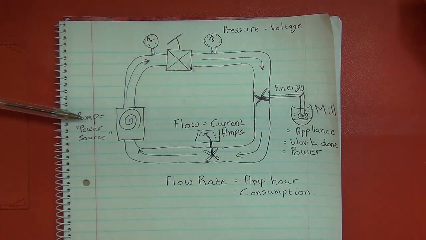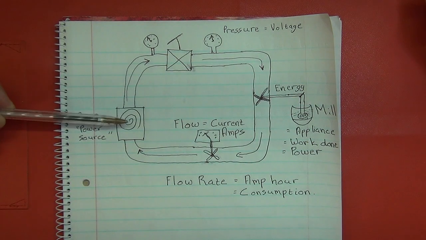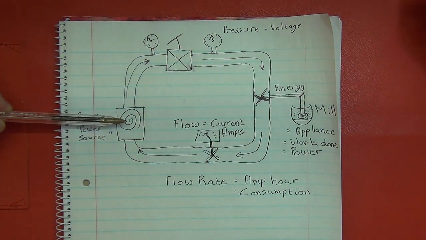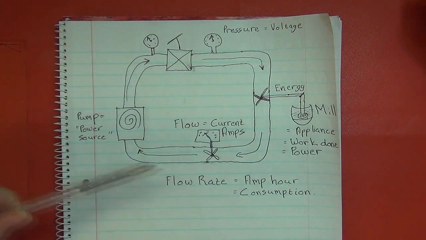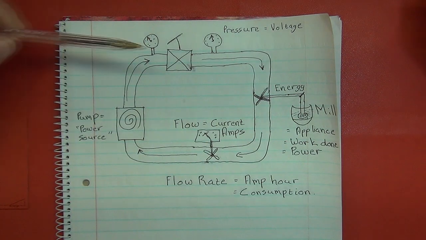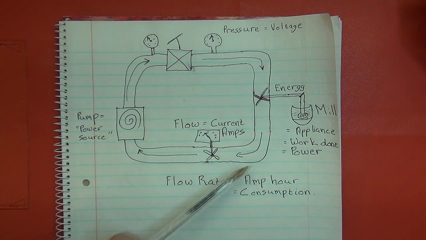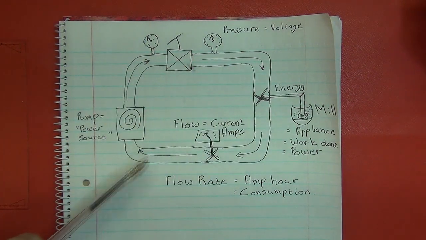So I'm going to call it the power source or the pump. In essence, it could be a battery or it could be your mains outlet in your house. But this is what creates the pressure and the flow to get water flowing around this pipe system. And that pressure and flow ultimately is the electricity flowing around this circuit or this pipe system.